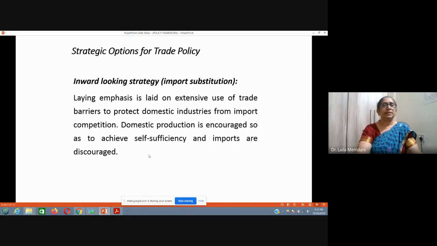Actually, after independence, under the Nehruvian model, we had more of inward looking strategy because we needed foreign exchange for importing machinery, technical know how for the development requirements, and our industries were not that efficient or competitive enough to export goods, and therefore we followed inward looking strategy. It is also known by different names, like self-sufficiency in trade, and so on.